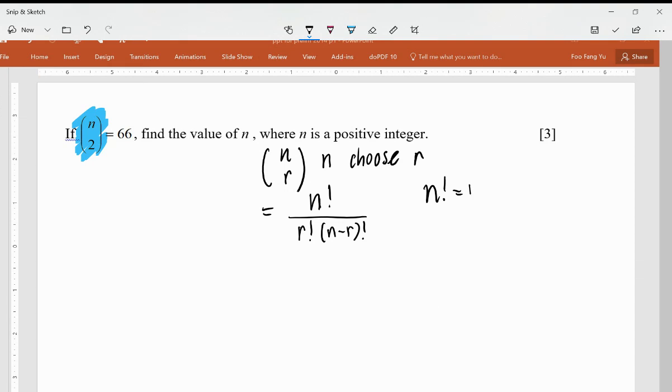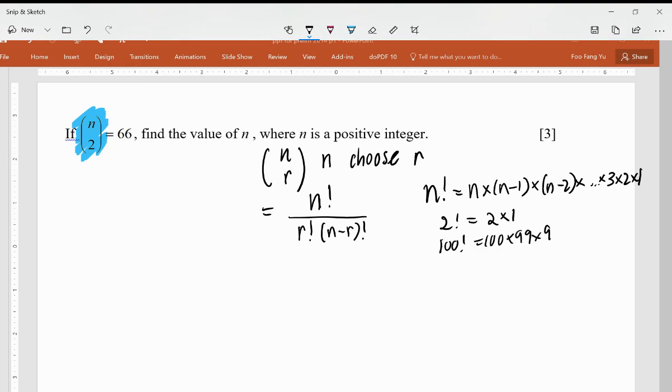Okay, n factorial is you're actually multiplying from the n value itself, and then you're going to decrease all the way to reach 1. Of course, if you are 2 factorial, you go all the way to 1 in one step. Okay, but if you're 100 factorial, you're pretty much going a long way before you can get to 1.